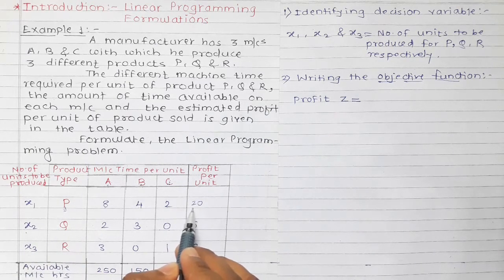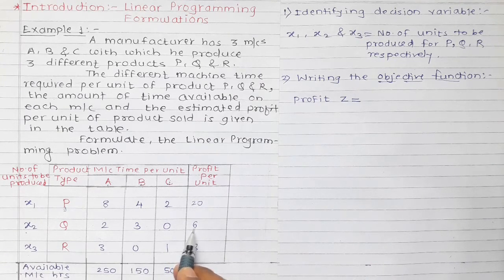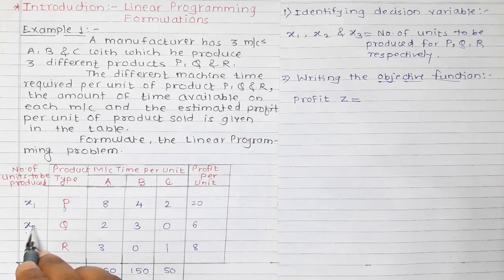So if you multiply this 20 to this total quantity of product P, we get the total profit for x1 quantity of product P. If you multiply this 6 to this x2, we get the total profit for the quantity of Q to be produced.